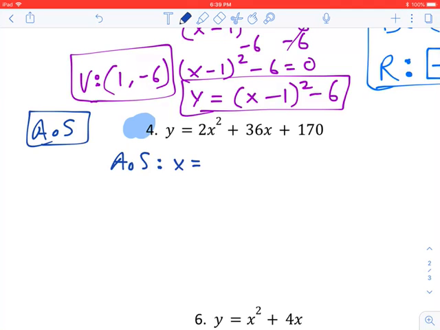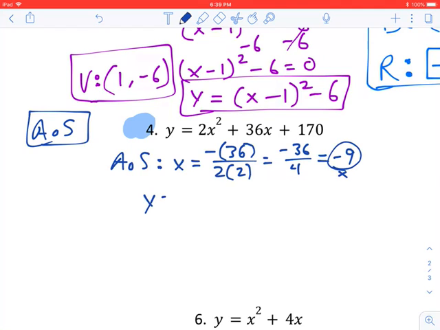So let's find our axis of symmetry here. X equals negative b, which is 36, over 2 times a, which is 2. So that's negative 36 over 4, which gives us negative 9. So that's our x value. And we're going to plug that in to find our y value. So y equals 2 times negative 9 squared plus 36 times negative 9 plus 170.